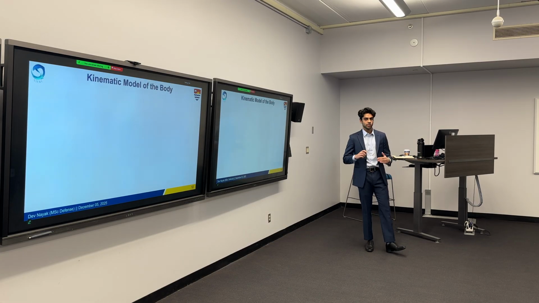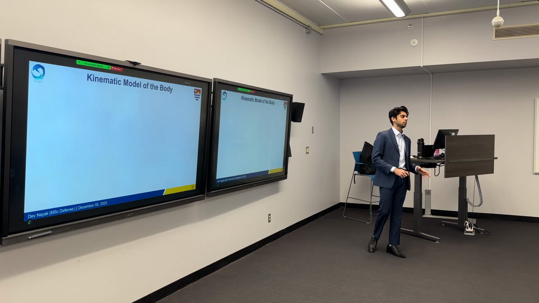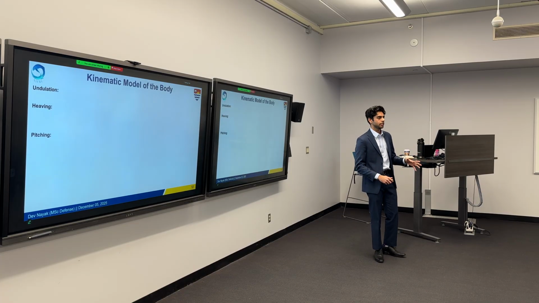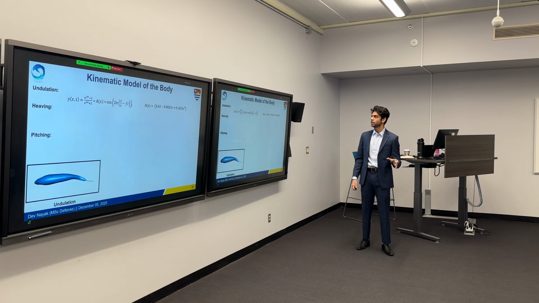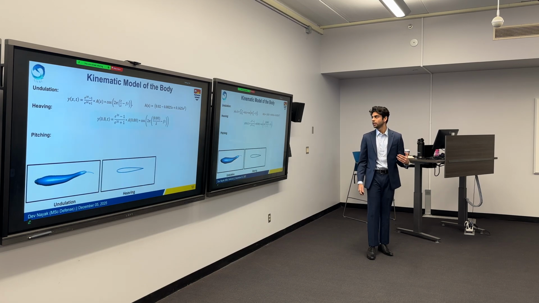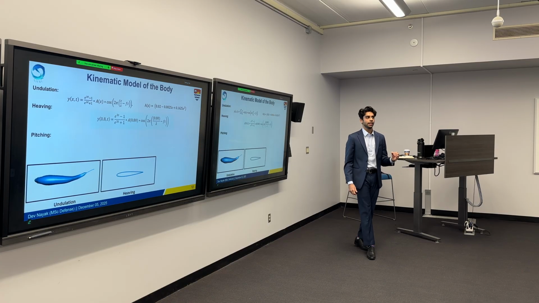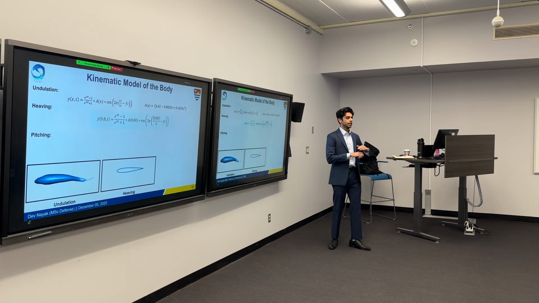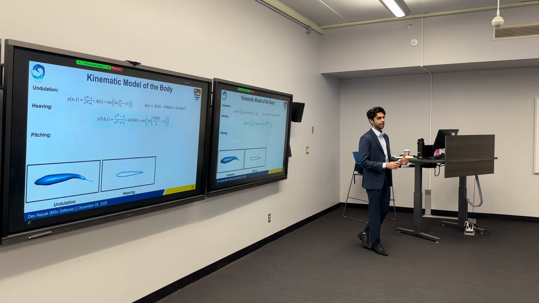Now that explains the passive part of our system. Moving on to the active part, which is the undulation, heaving, and pitching. We use the Carangiform swimming equation to model the kinematics of undulation. Heaving is controlled by a very similar equation, but we only use that for the caudal fin, and the entire caudal fin will heave altogether.